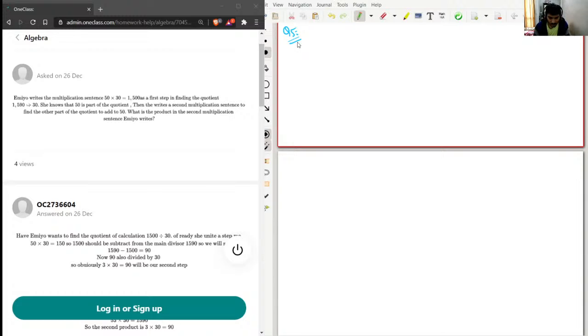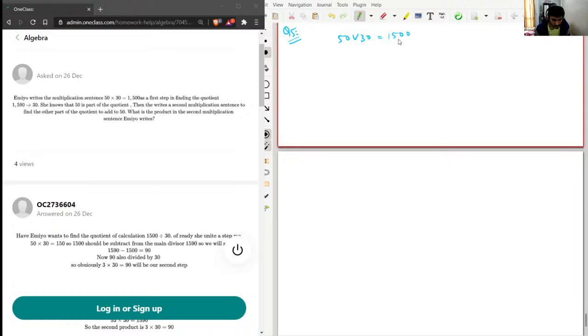Then she writes a second multiplication sentence to find the other part of the quotient to add to 50. What is the product in the second multiplication sentence? Emio writes. So the first sentence is 50 into 30 is 1500.